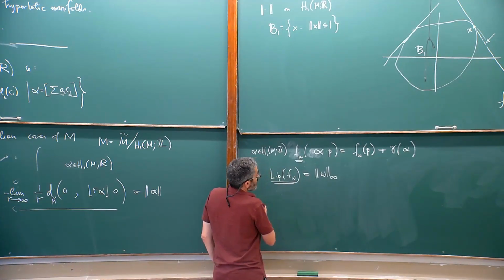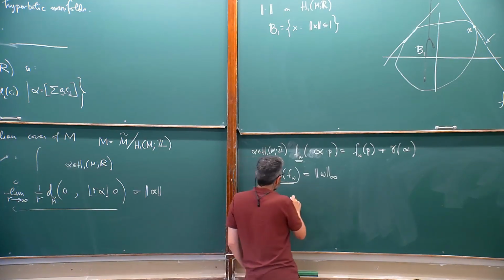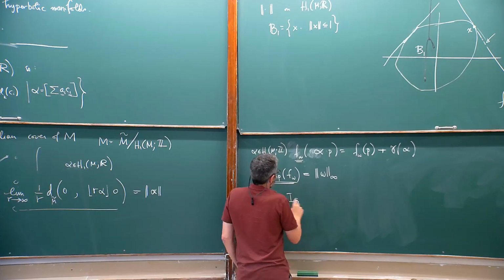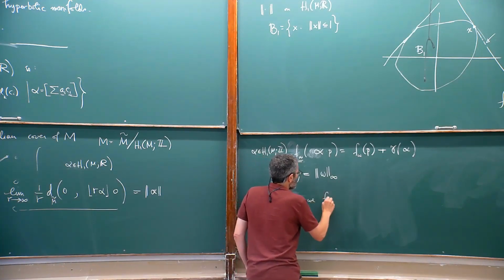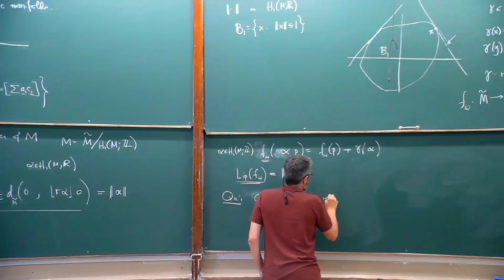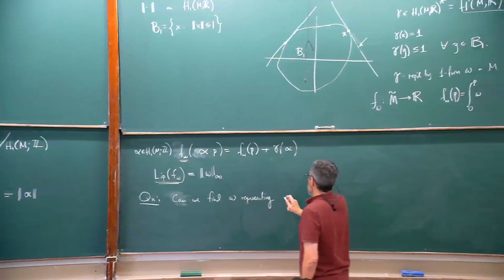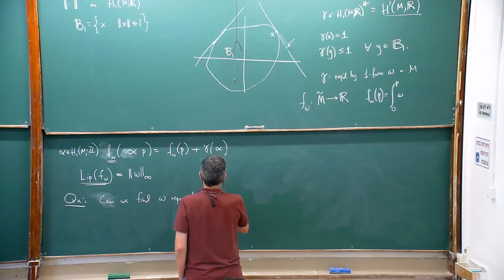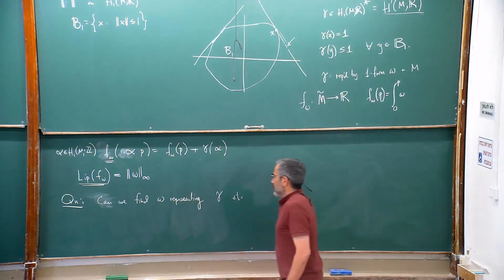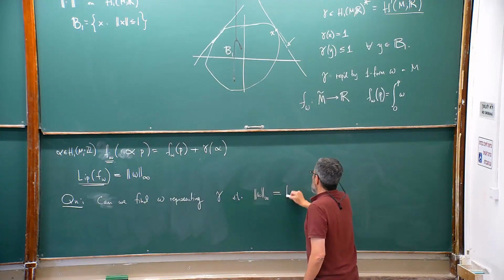So the question is this: can we find omega representing our one form gamma such that the L infinity norm of omega is equal to the stable norm of gamma?